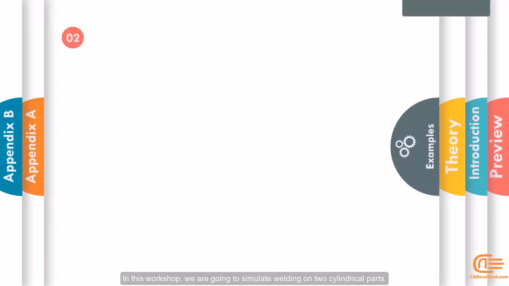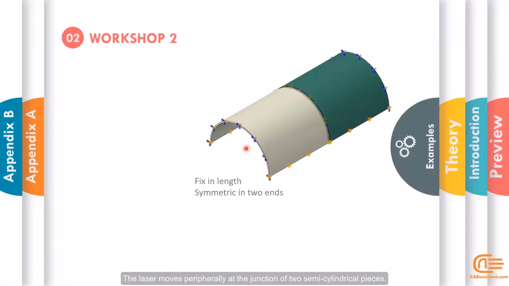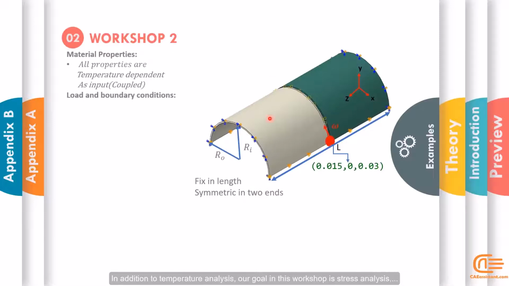In this workshop, we are going to simulate welding on 2 cylindrical parts. The laser moves peripherally at the junction of 2 semi-cylindrical pieces. In addition to temperature analysis, our goal in this workshop is a stress analysis. Hence, the temperature-dependent material properties will be defined in the property module.